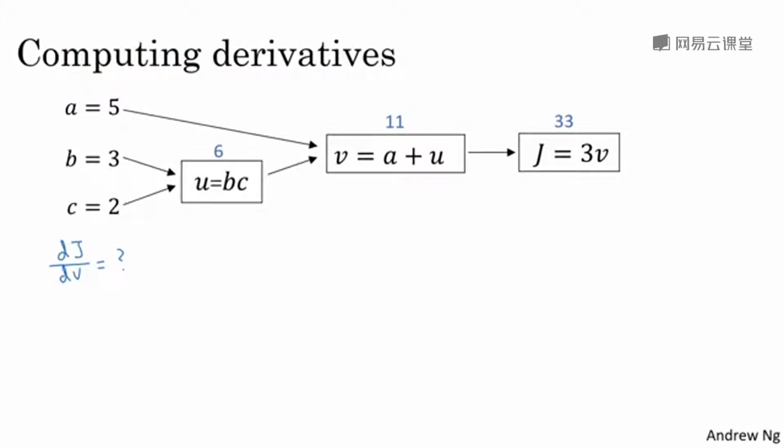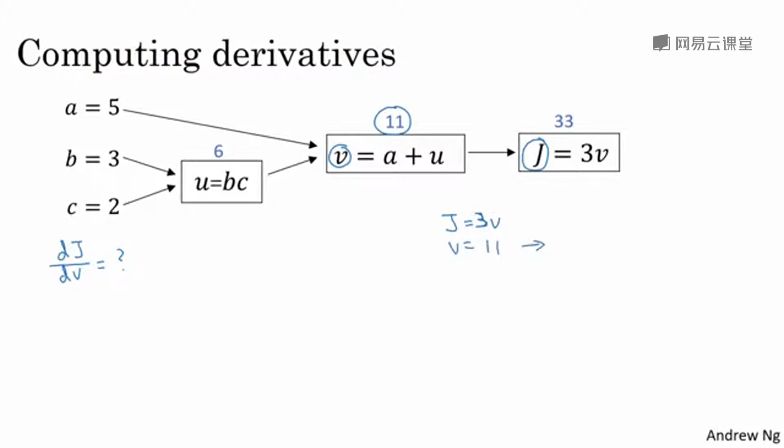So what is that? Well, this says if we were to take this value of v and change it a little bit, how would the value of j change? Well, j is defined as 3 times v, and right now v is equal to 11.